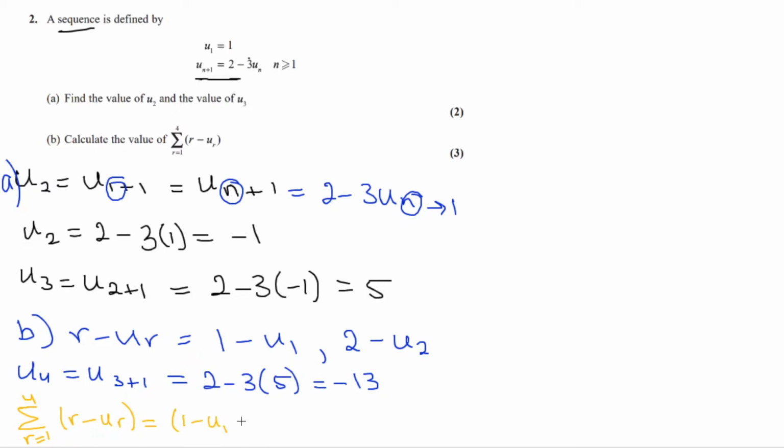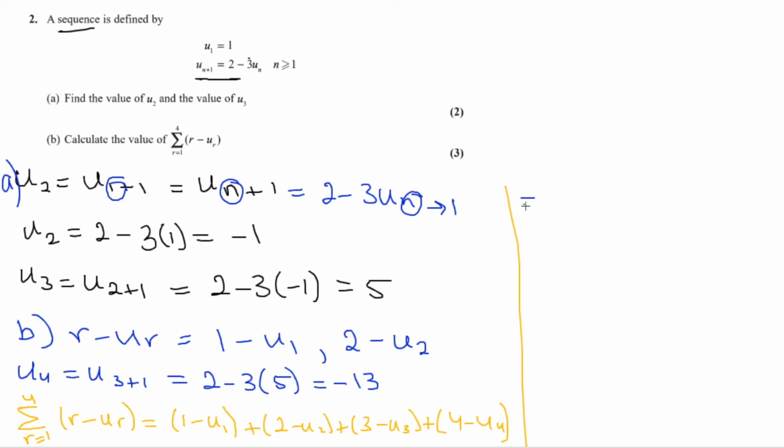In place of r, there's 1. In place of Ur, there's U1, and that's why it's similar to the first part. Plus 2 minus U2 plus 3 minus U3 plus 4 minus U4, and that's it. Now we're going to substitute the values of all of these in here and find the final answer.